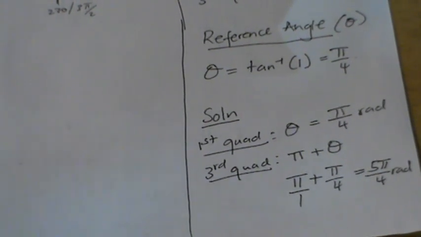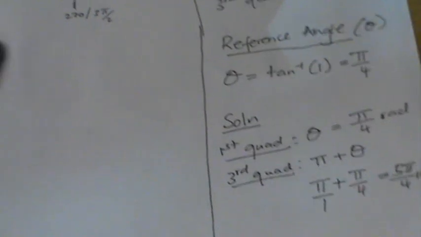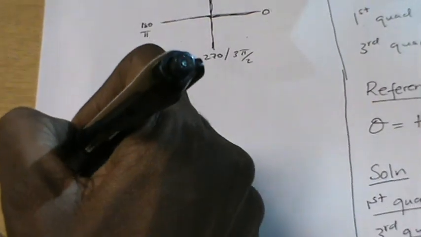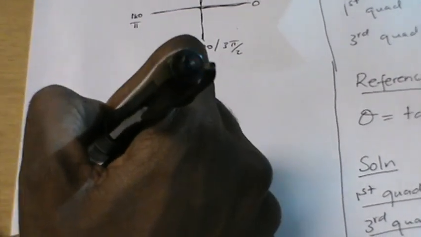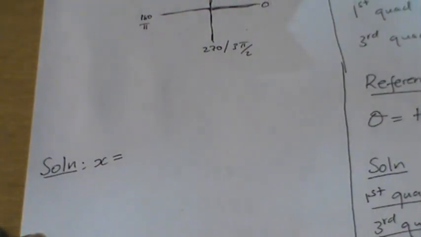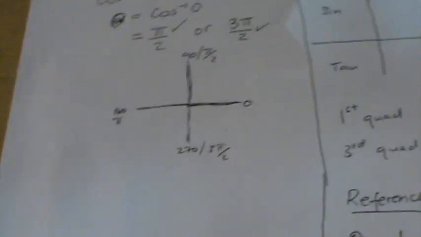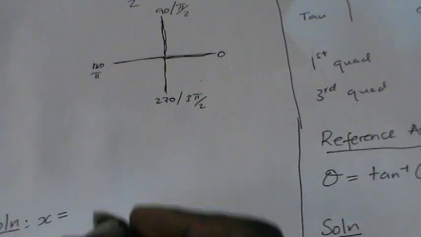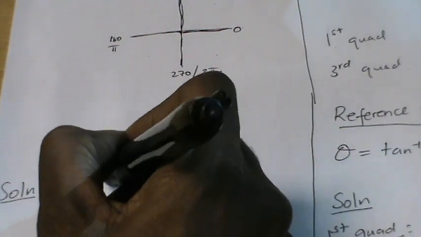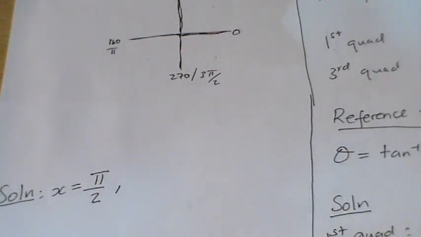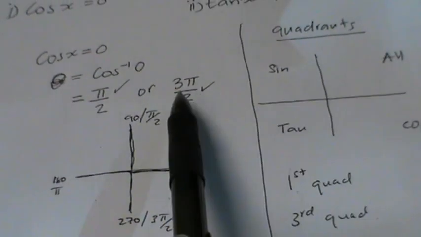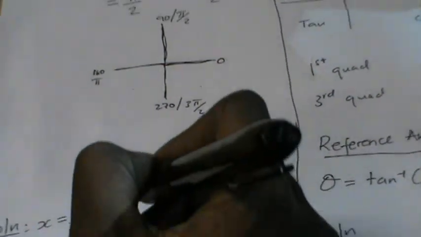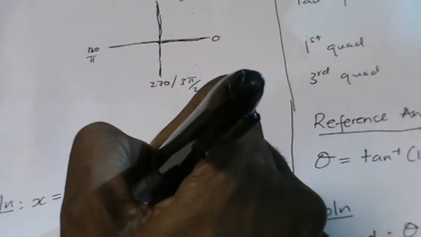So the last thing I need to do is just write down my solution, or list them all. So I will say here, solution: x is equal to, now remember from cos x I got two solutions. I got pi over 2, so I should write that down. x is equal to pi over 2, and I also got 3 pi over 2 from cos x, so I'll write that down as 3 pi over 2.